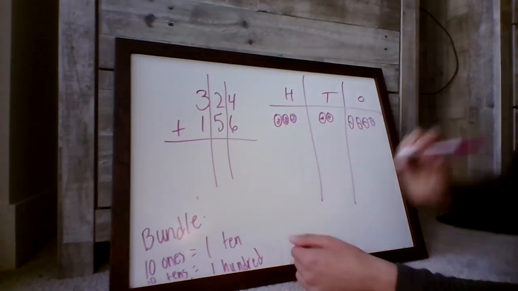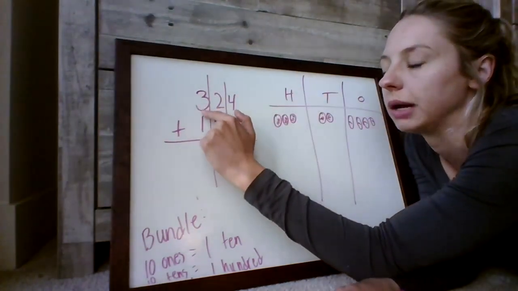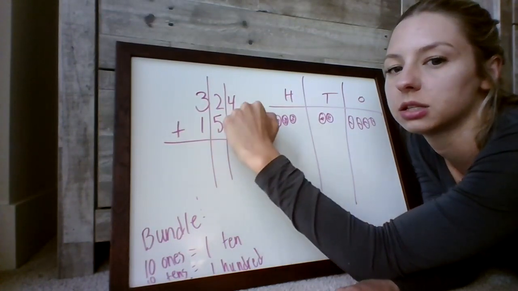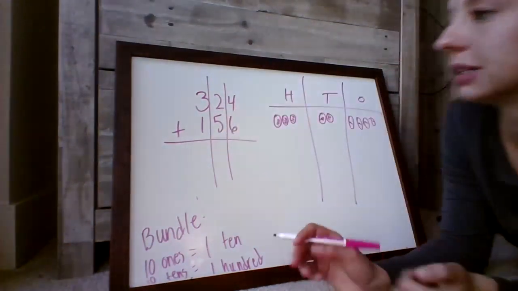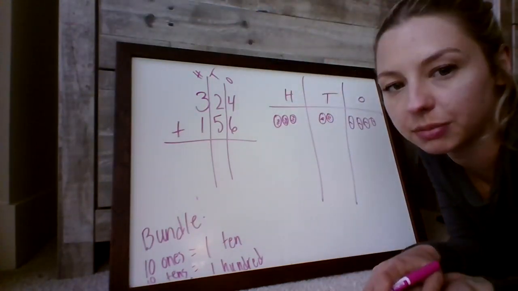Does everyone see why I put 3 hundreds, 2 tens, 4 ones? Because in order it goes hundreds, tens, ones. Same thing here, always matches up.